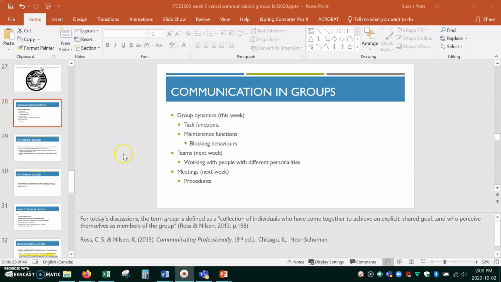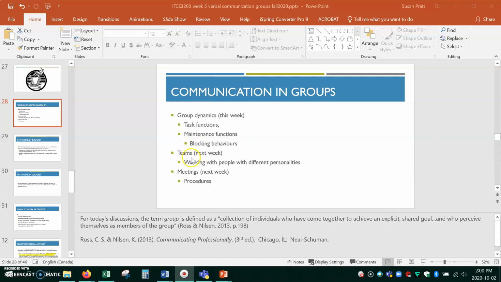So this week, for our little in-class activity, we're going to talk about the task functions in groups and the maintenance functions in groups. And then for homework, I'm going to get you to do a reading that talks about blocking behaviors in groups and how to maybe stop blocking behaviors.